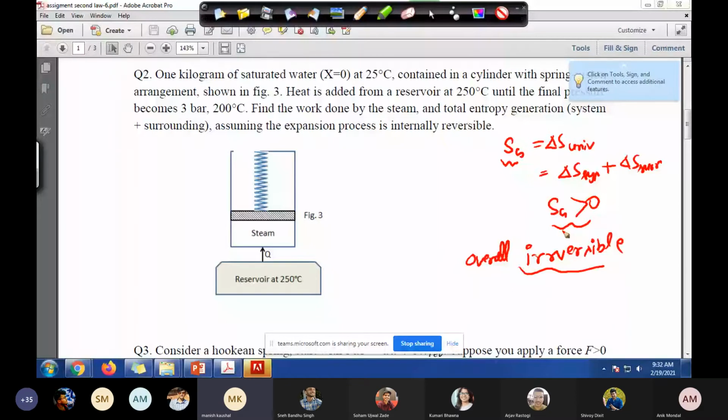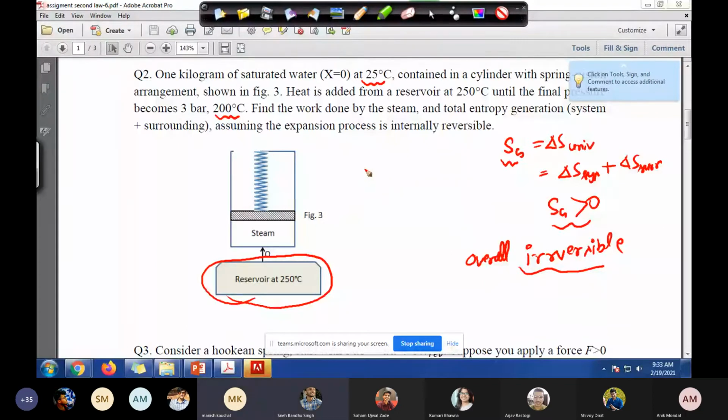We have 1 kilogram. You can see that we have a reservoir here at 250 degrees Celsius, and this heat you are passing to steam whose temperature is varying. It's starting from saturated water at 25 degrees Celsius and going to 200 degrees Celsius. So you are passing the heat to the system. How? Anyone?